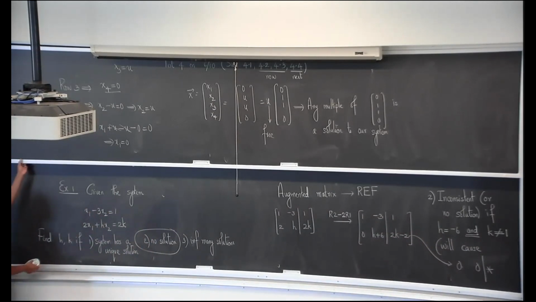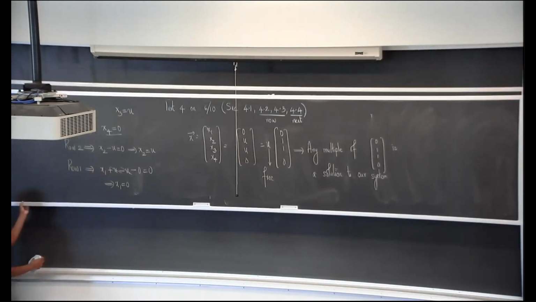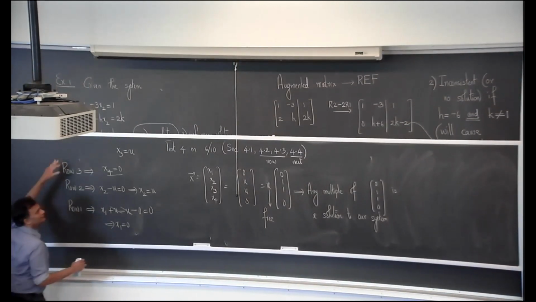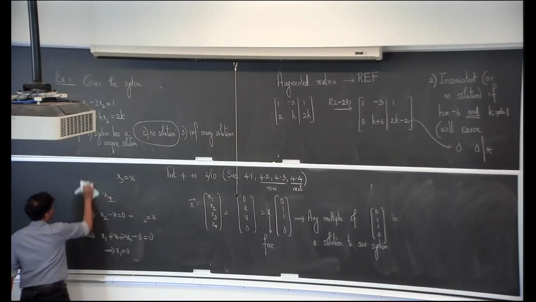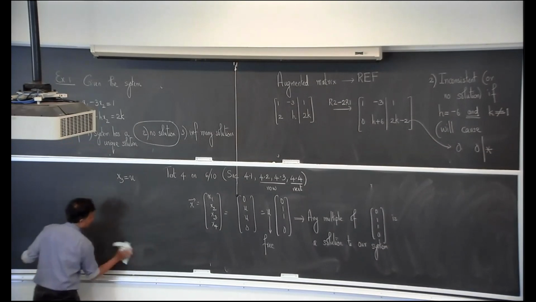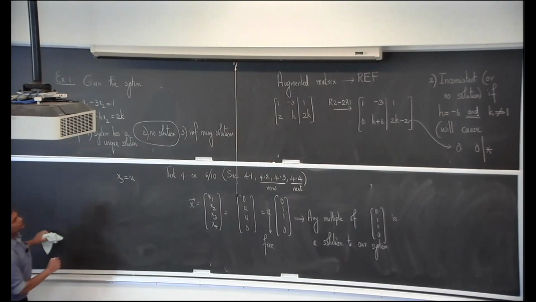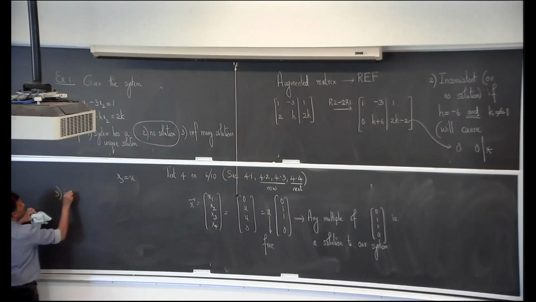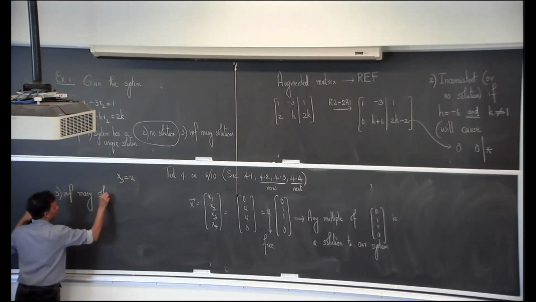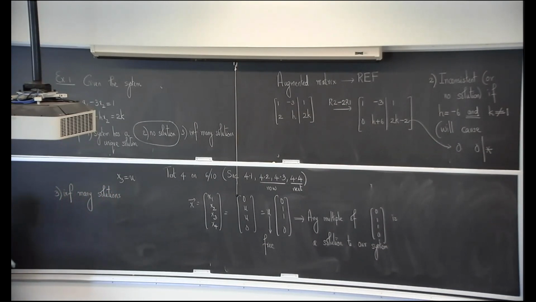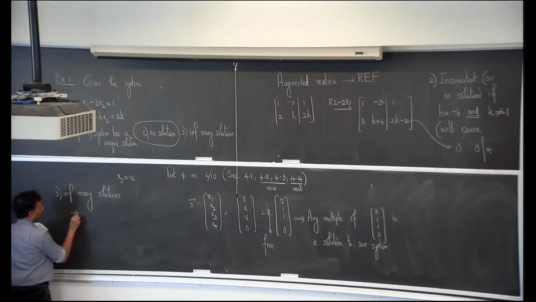All right, now let's do the case with infinitely many solutions. Case 3. Remember that when the system has infinitely many solutions, there must be at least one free variable.